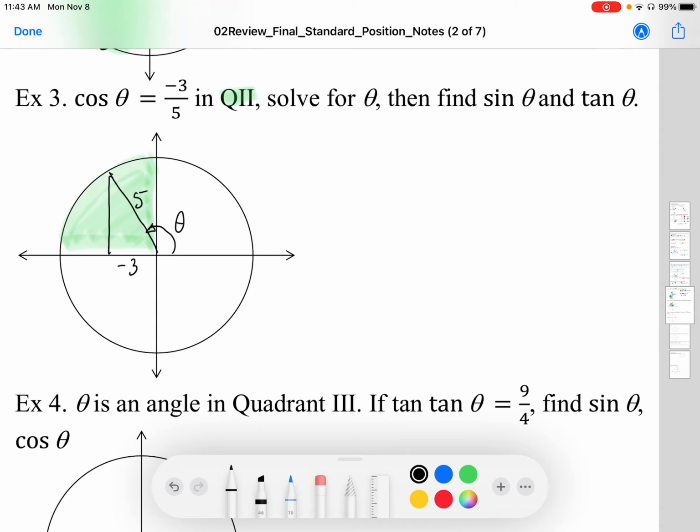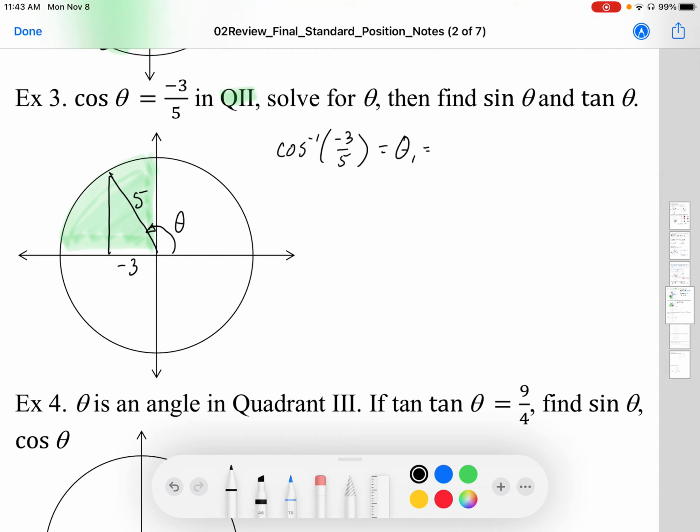The positional angle, and solving for theta, I'm going to do the inverse cosine, or the arc cosine of negative 3 over 5, and that's going to give me my theta 1.